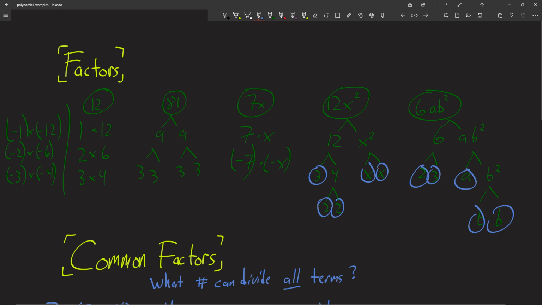Or I could say something as simple as it's 6 times ab squared. Those are factors. 6 and ab squared are factors. Or 6 times a times b squared. Those are all factors. I've got lots of ways to build these numbers. That's powerful because it gives us lots of options, but it's also tricky because there's lots of things to check.